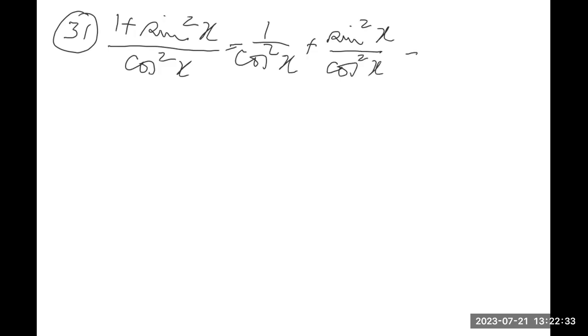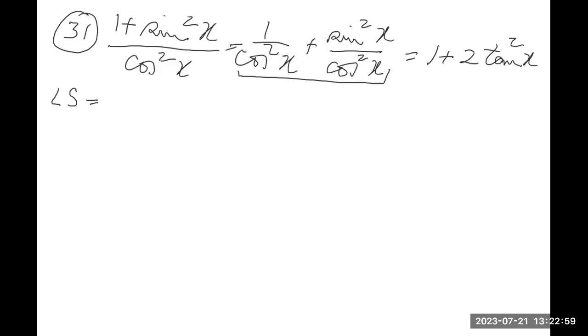And that in turn is equal to 1 plus 2 tan square x. So I'm going to start on the left side again. First show that that's equal to what we have in the middle, and then show that what we have in the middle is equal to what we have on the right.